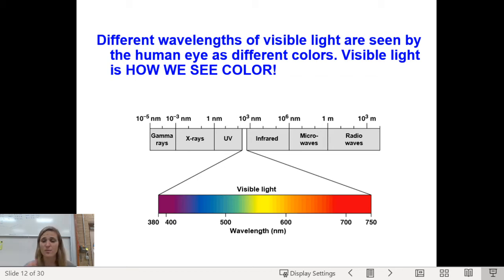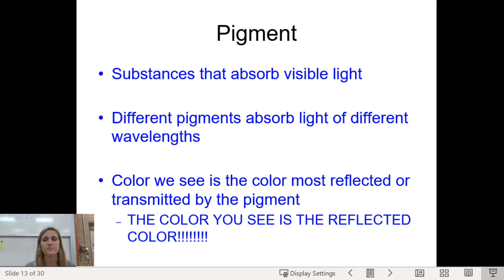And it's that 380 to 750-ish. That's how we see color. So we see the wavelengths of 380 nanometers as purple, we see 500 as green, and like 700, 750 as red. That's how our eye can transform those things.